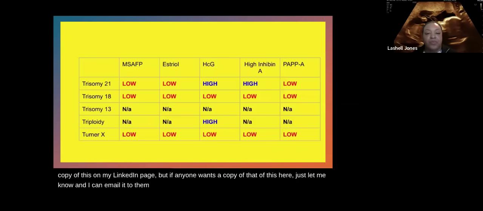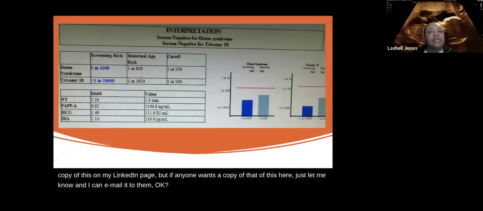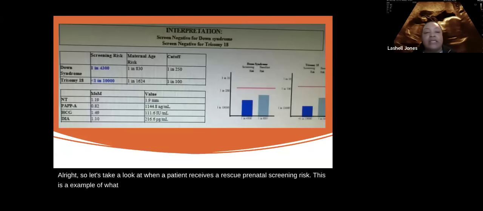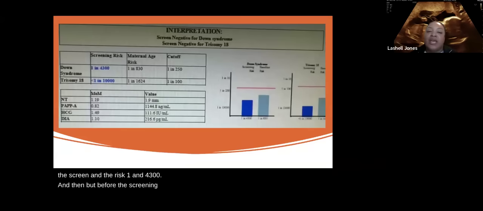Okay. All right. So let's take a look at when a patient receives a prenatal screening risk. This is an example of what the result looks like. Now, look at the top where it has Down syndrome, the screening risk, 1 in 4,300. But before the screening, notice the maternal age risk was 1 in 830.